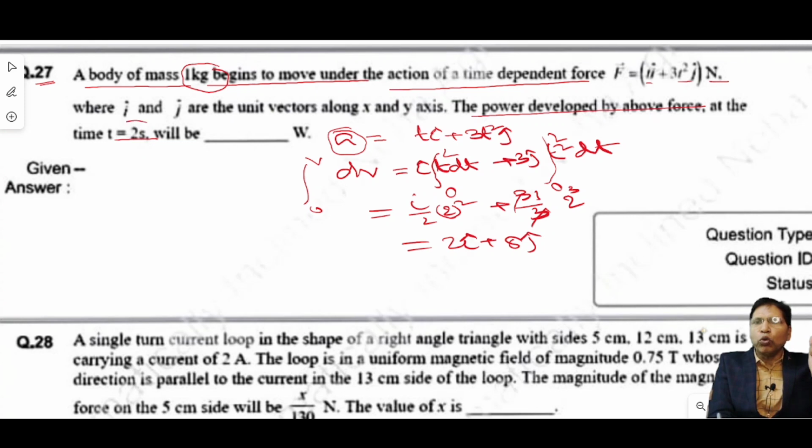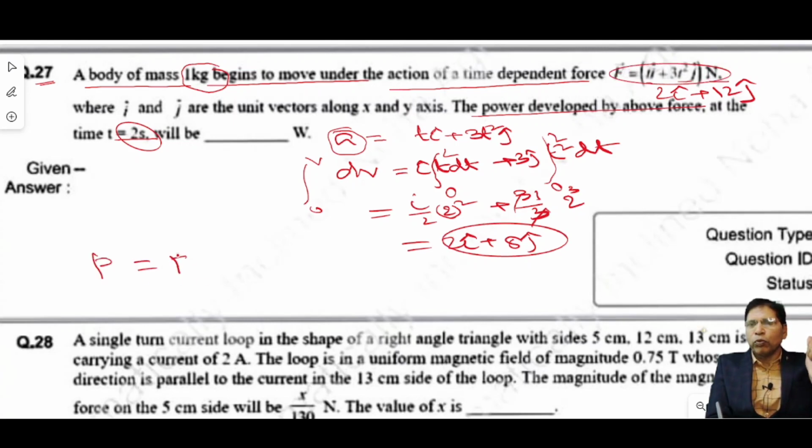Now what is the force after 2 seconds? This is 2I cap plus 12j cap. This is the force, and this is the velocity. So power is the dot product of the force vector and the velocity vector. What is the force vector?